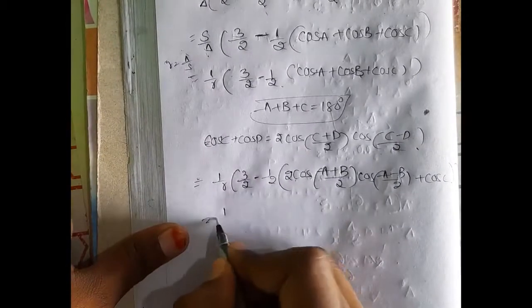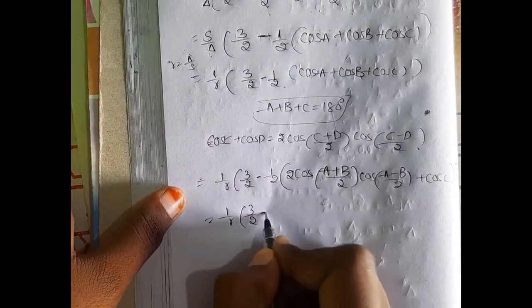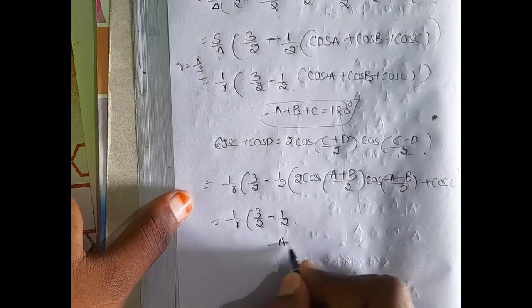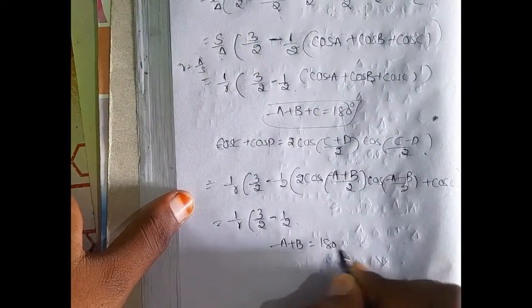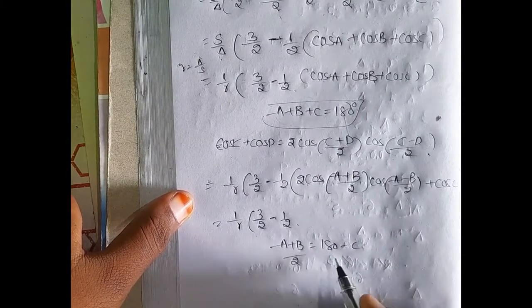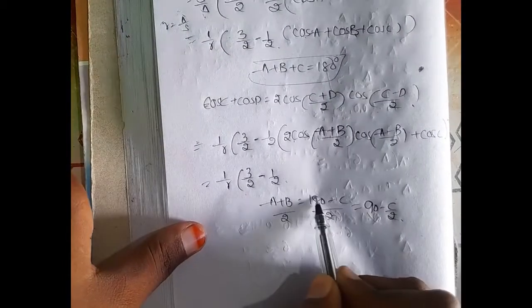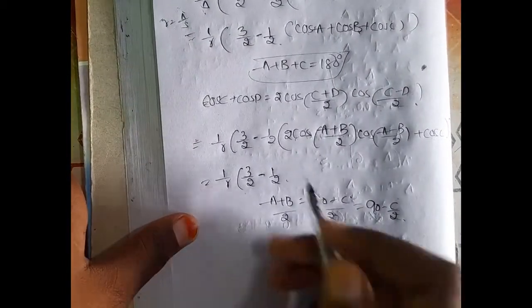Now 1 by R, 3 by 2 minus 1 by 2. A plus B by 2: from this condition, A plus B equals to 180 minus C, and dividing with 2, what it becomes? 90 minus C by 2, right? Just splitting 2 to 180 and also C. 90 minus C by 2.